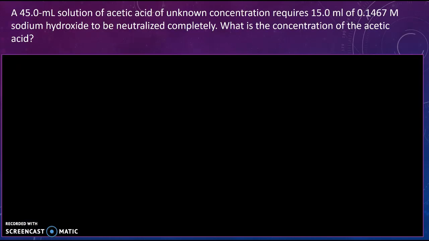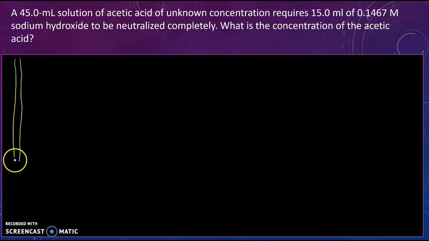One of the things I wanted to do is work through a very typical problem from an acid-base neutralization reaction, and that's a titration problem. So I've typed one up here involving acetic acid, and that's being titrated with sodium hydroxide to be neutralized. To go through the basics of a titration, we're going to have two main things.